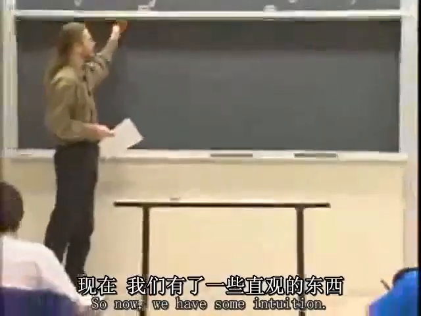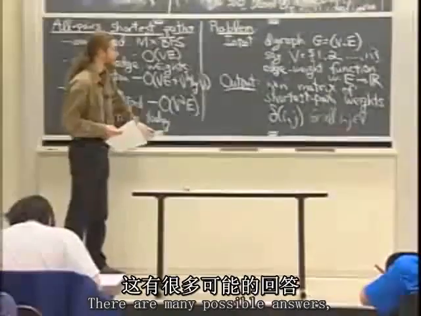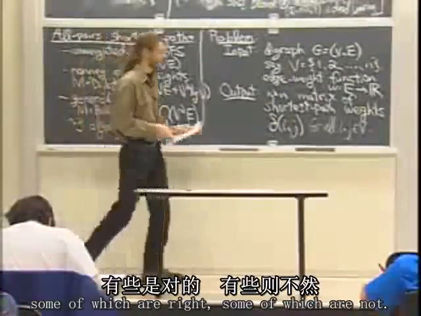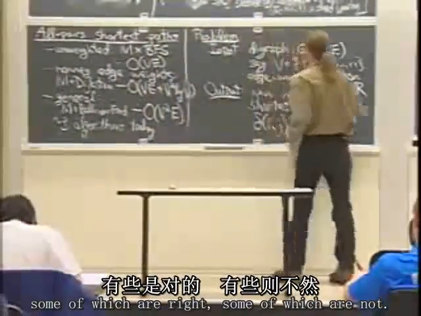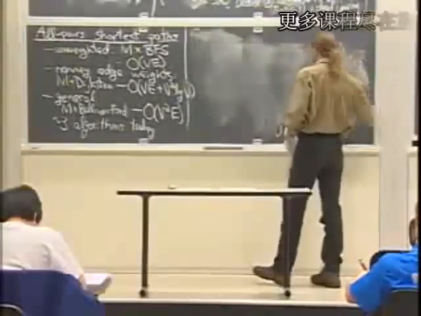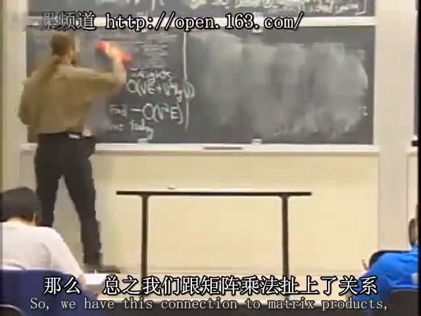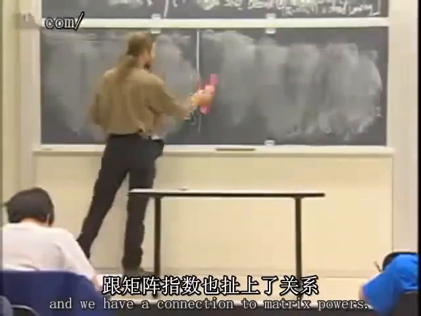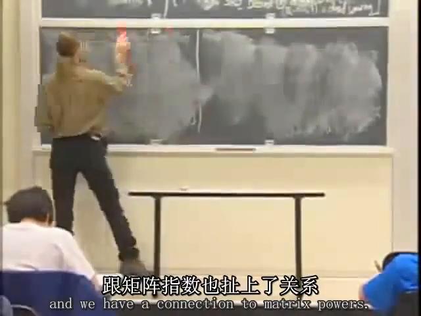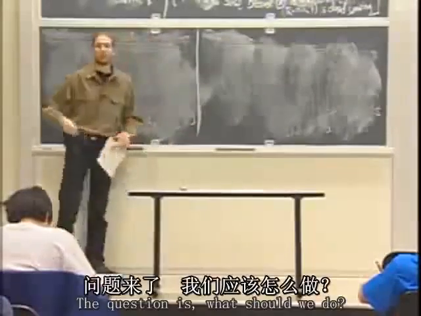So now we have some intuition. The question is, what's the right algorithm? There are many possible answers, some of which are right, some of which are not. We have this connection to matrix products, and we have a connection to matrix powers. And we have algorithms for both. The question is, what should we do?